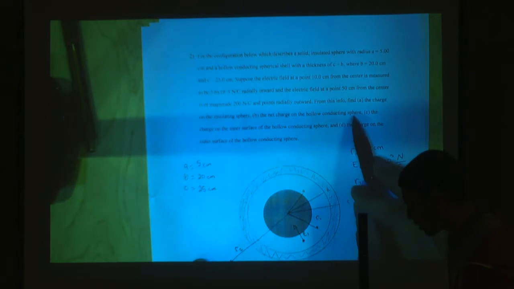What is the net charge on the hollow conducting sphere? So Q hollow. And then the charge on the inner surface of the hollow conducting sphere, so I'll say Q inner.